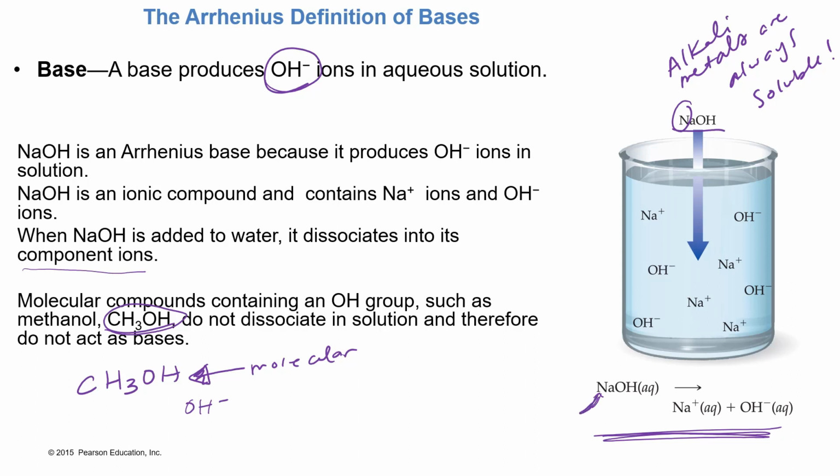The sodium is a metal, and with the hydroxide it's ionic, so it makes these two ions. This is not like that because it actually is a CH3 that's bonded to the hydroxyl group in a covalent bond, because both of these are nonmetals.